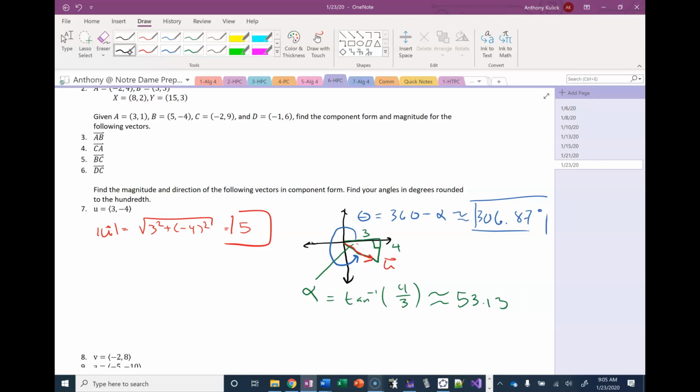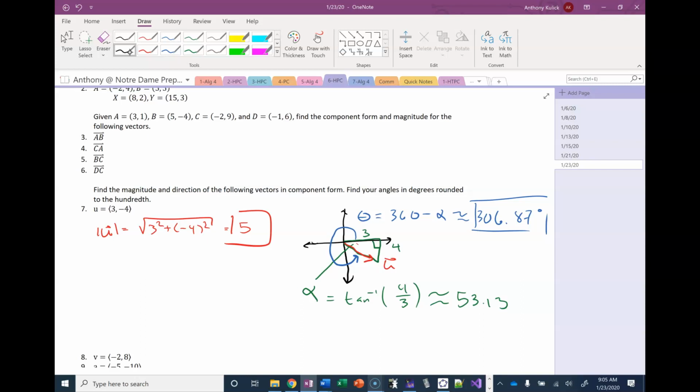Is that okay there, Colette? Okay. So again, make sure you're drawing a picture to find that direction. I certainly can't do it without the picture because I'm not sure whether I should be adding or subtracting, and how much I should be adding or subtracting to that angle alpha.